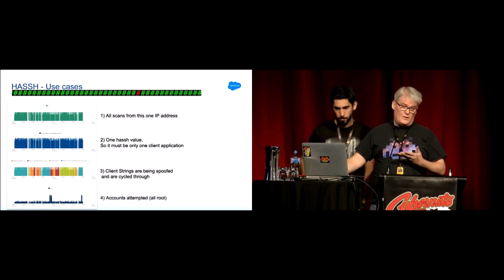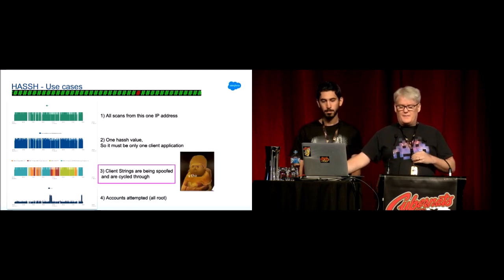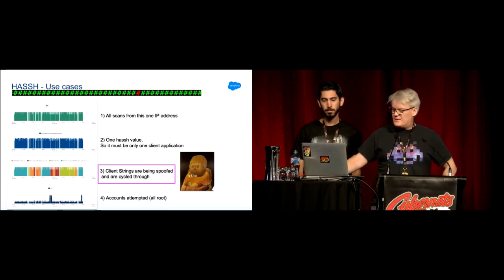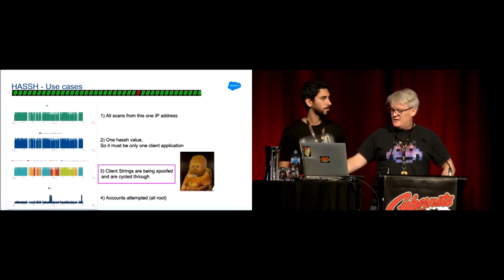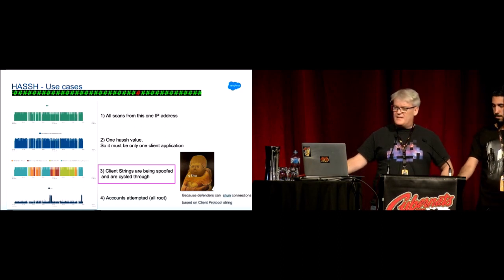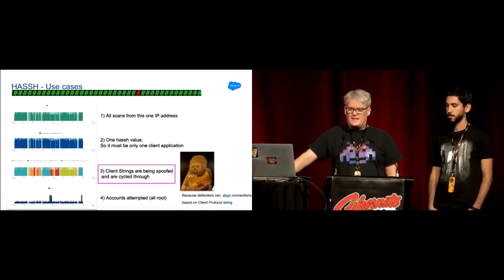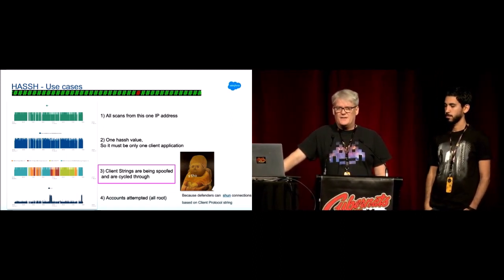All of the accounts that were being scanned, I joined with the auth logs on my sensors to get a sense of what they were looking for. And this particular botnet was all looking for root. So why are they lying with that client identification string? I think the reason is that there are tools out there, and I think Suricata has this, where you can shun network connections based on a match of the client identification string.